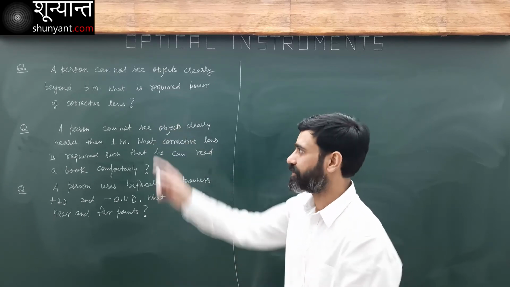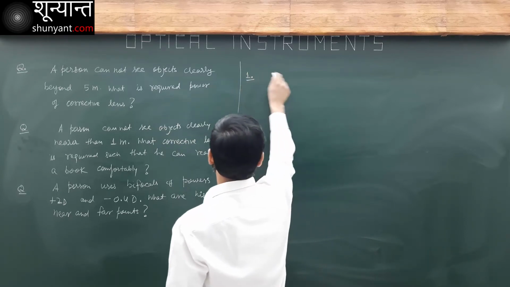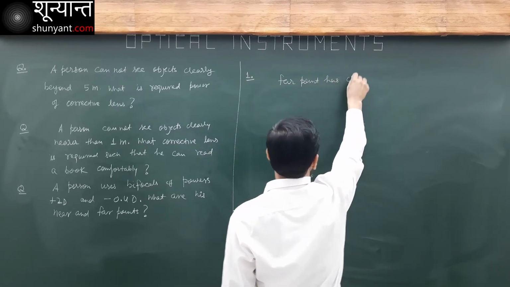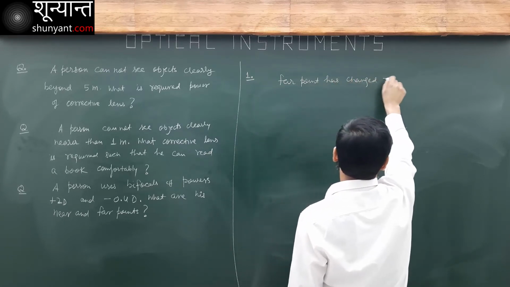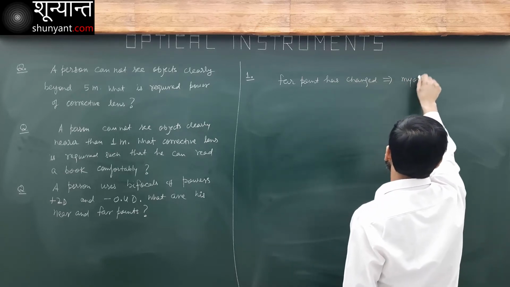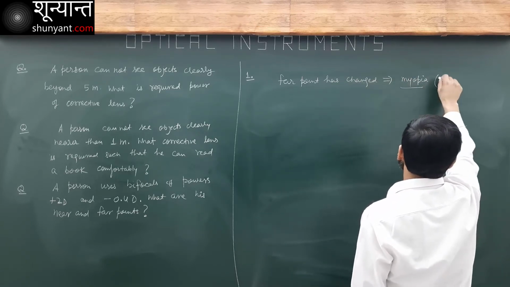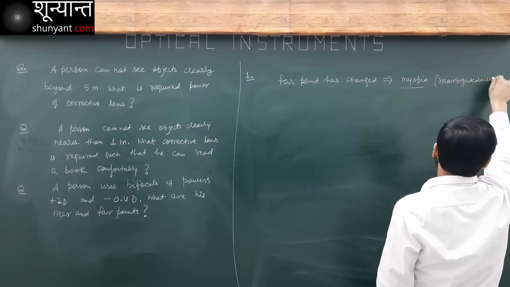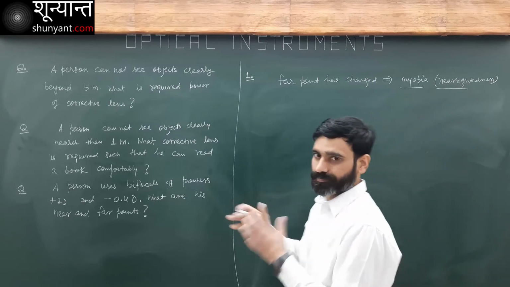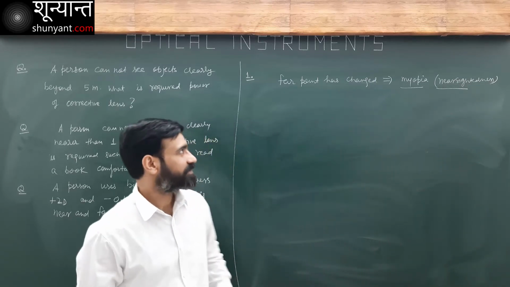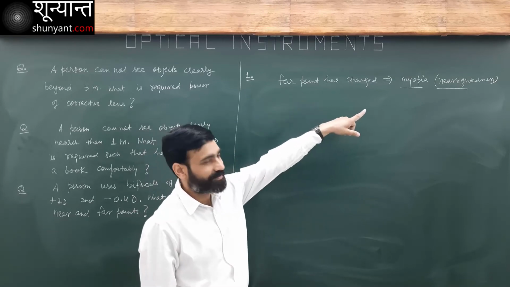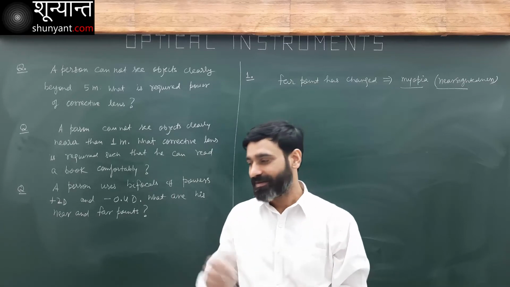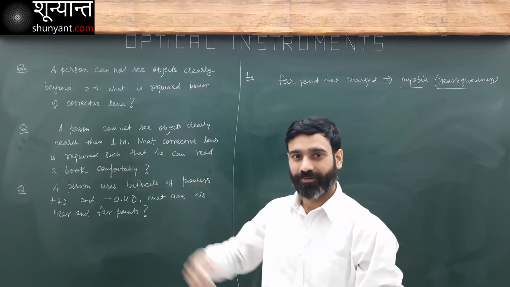Far point has changed in this first problem. It is myopia, nearsightedness. Do not be confused by these conflicting words. Here I am saying that my far point has changed, and that this defect is nearsightedness. The meaning of nearsightedness is I can see nearby objects, but I cannot see far off objects.